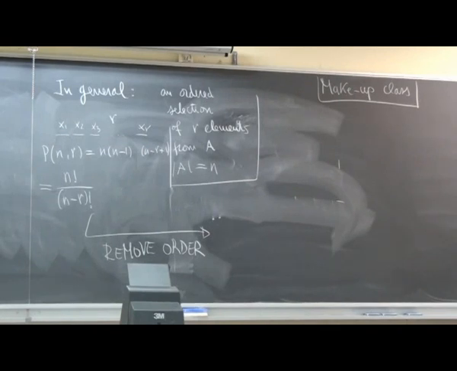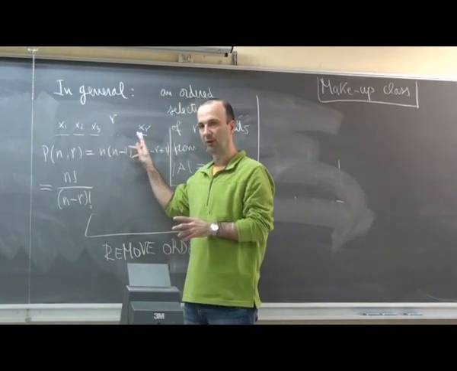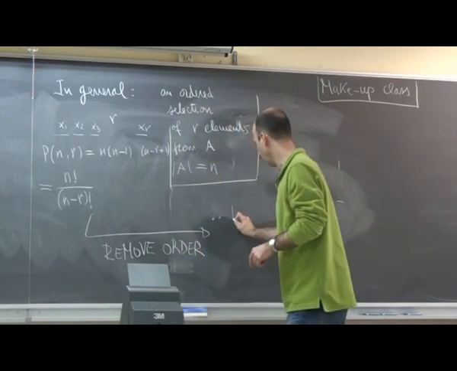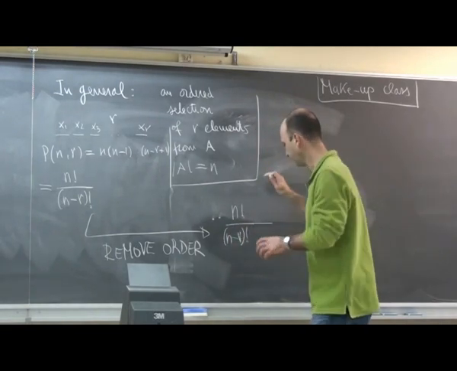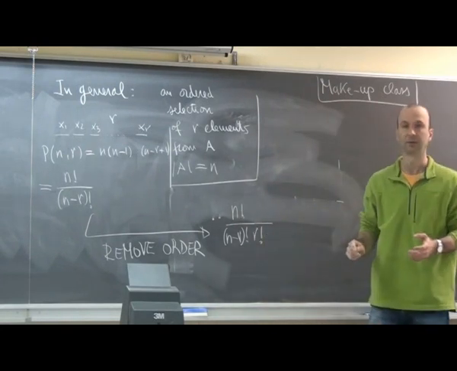N minus R factorial divided... No, by... how many positions do I have? Let's read the blackboard. R. So if I want to remove the order here, every permutation of this string must go to just one set. So I have this. This is with order, and now it's without order.